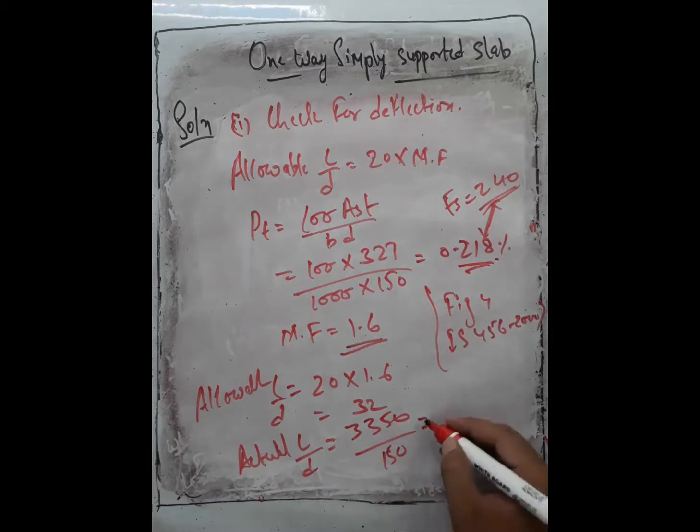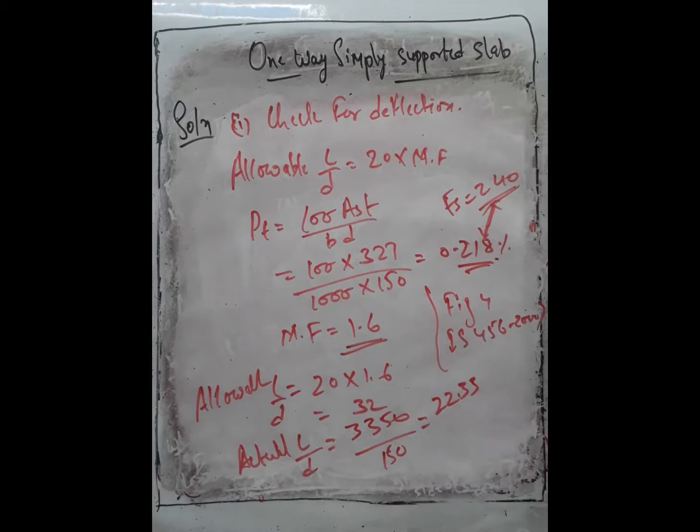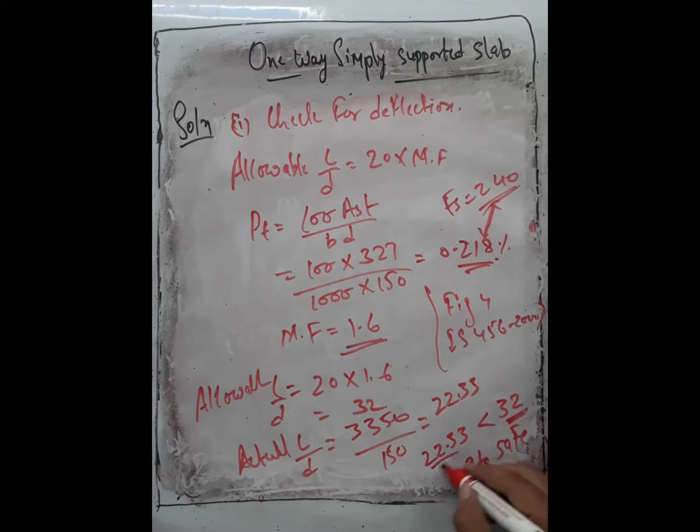So here we get 22.33. 22.33 is less than 32. It's safe, because 32 is allowable and this is actual. Our value is less than allowable, which means it is safe.